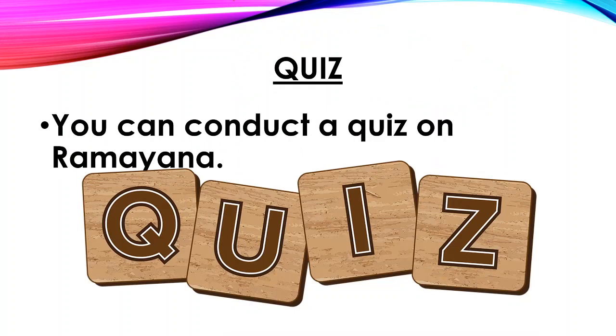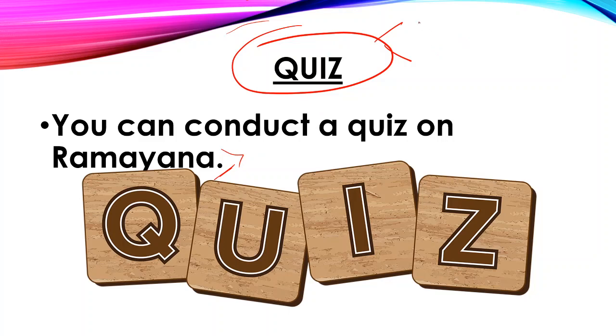Next activity is quiz. So this is the new and interesting activity. But for quiz, you have to inform students prior 1 month or 3 or 4 weeks so that they can prepare by reading Ramayana or by listening.